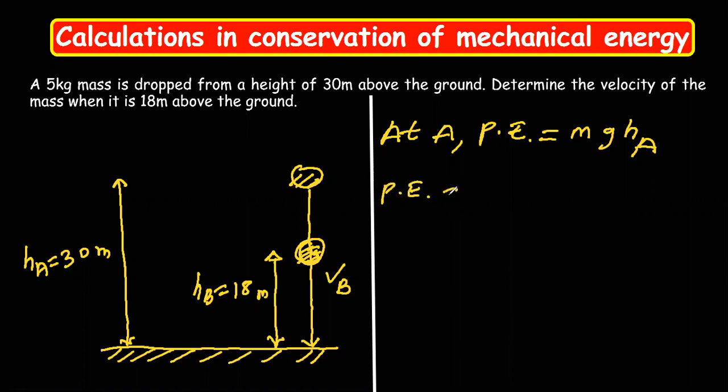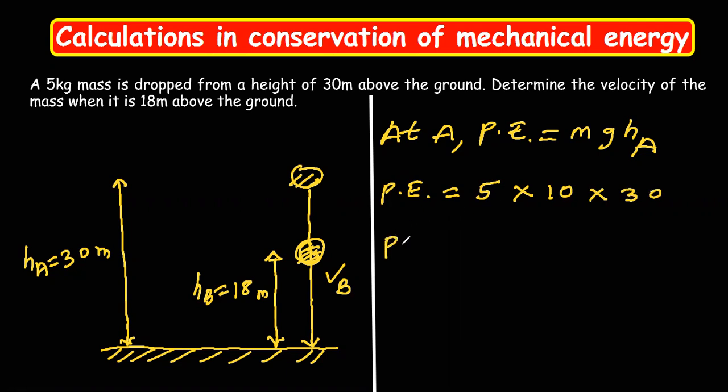So potential energy at A, which is the total energy as well, is equal to mass, which is 5 kilograms, times acceleration due to gravity, which is 10, that value is constant, meters per second squared, multiplied by height at A, which is 30 meters.